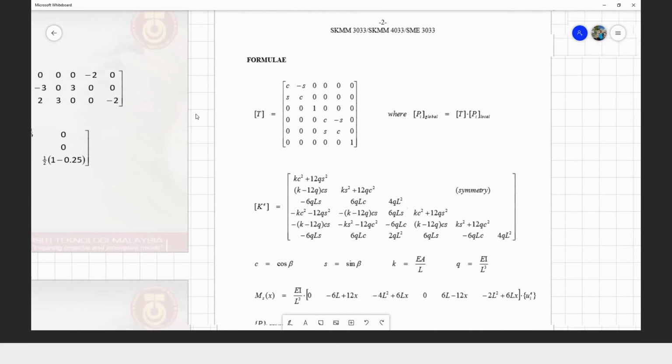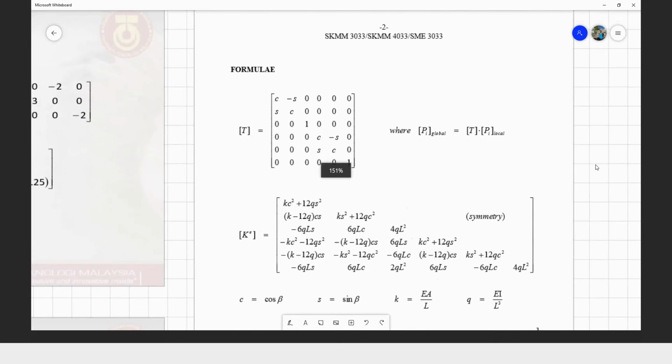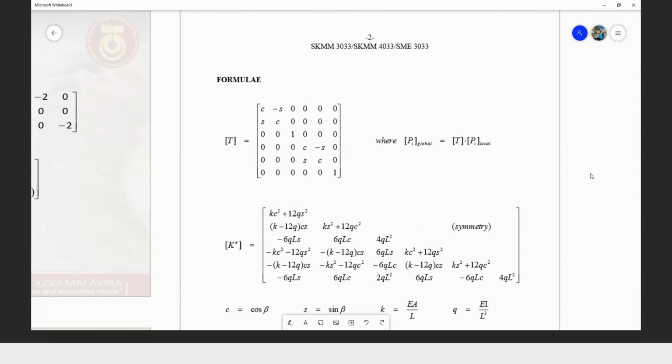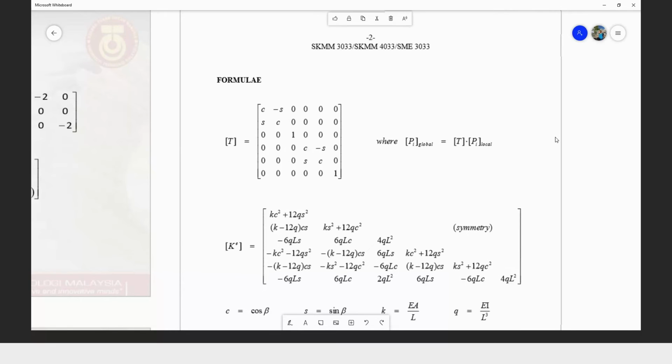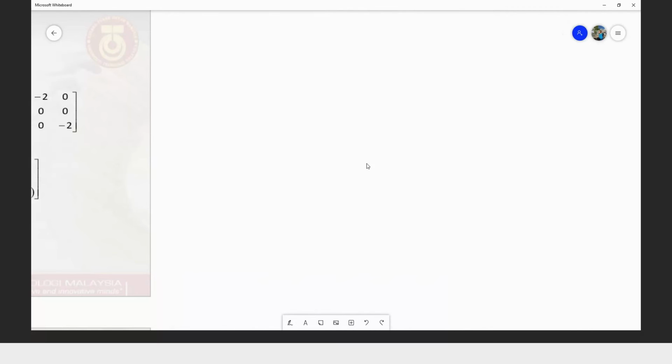All right, now let's look at this document first. So what do we have in this document? First we have the T matrix, which is just a transformation matrix. Wait, I think this is not the correct one. Sorry, this is not the correct one for the CST.